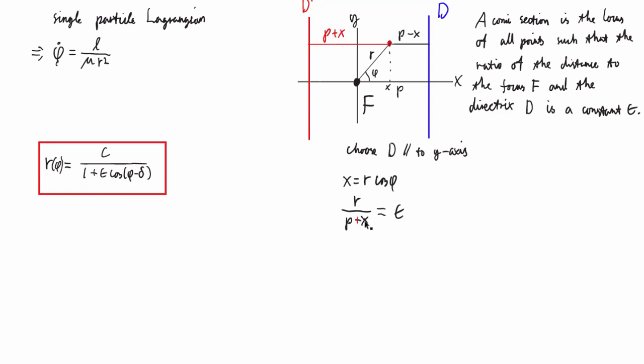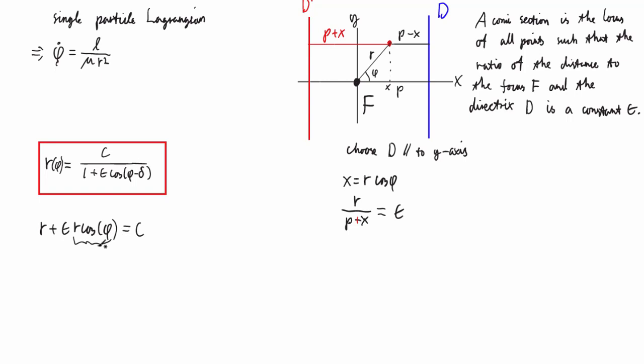Well, we can actually see that that's going to work out quite well here. If we rewrite this a little bit, we get r plus epsilon r cosine of phi, and we're going to take delta equal to 0, equals c.